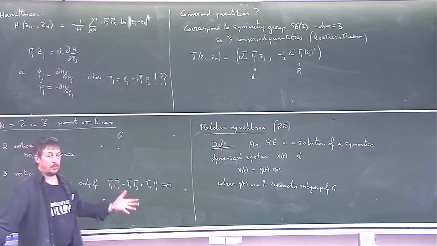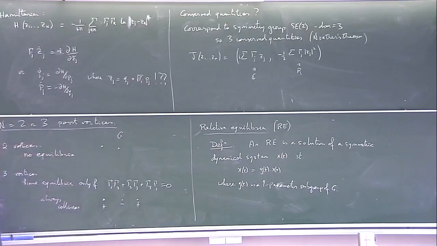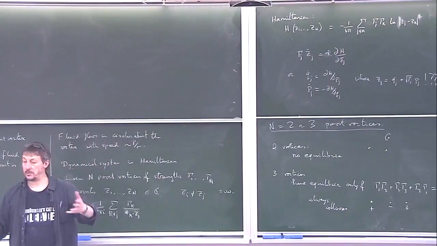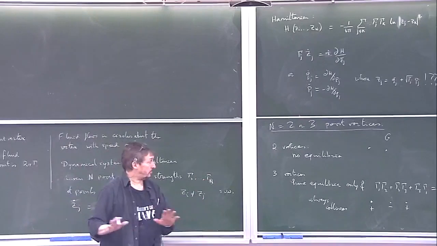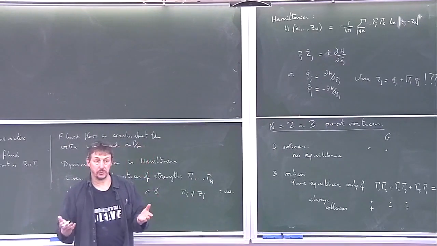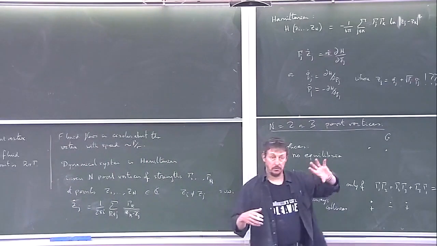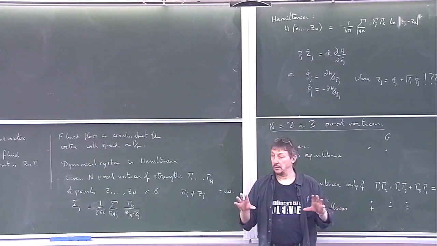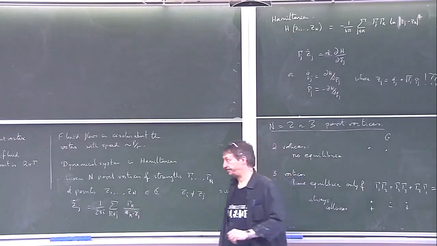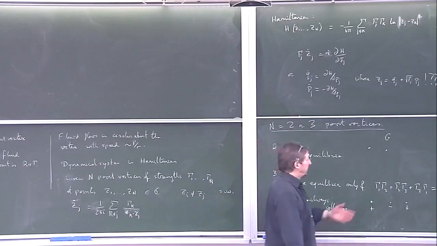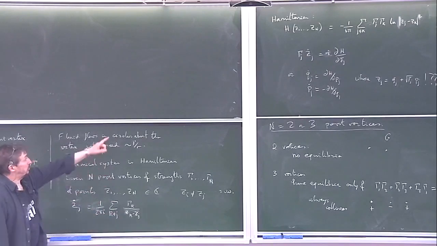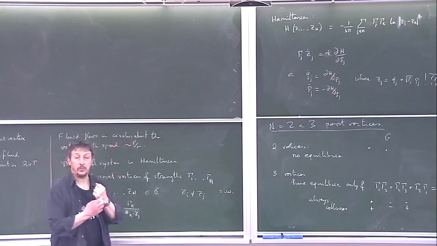So in the plane, we have rotations and translations as our group. Rotations about any point and translations, uniform translations. So what one-parameter subgroups are there? Well, just that. Rotations about some point and translations. So we can start to analyze, with the information we've got, what relative equilibria there might be.